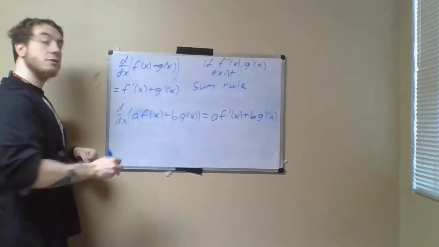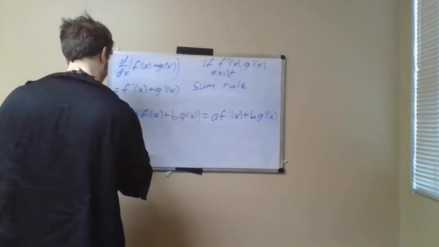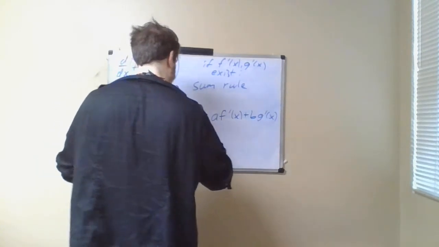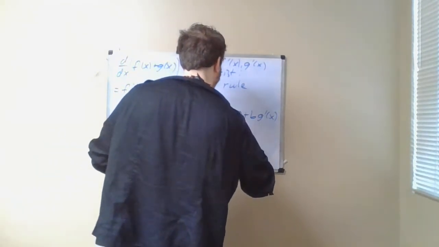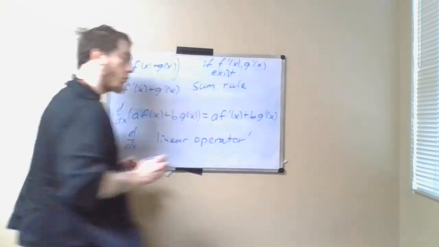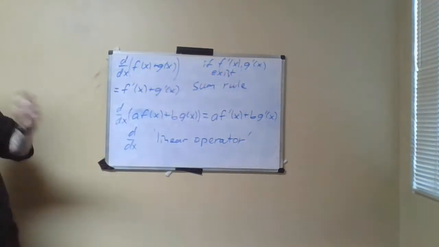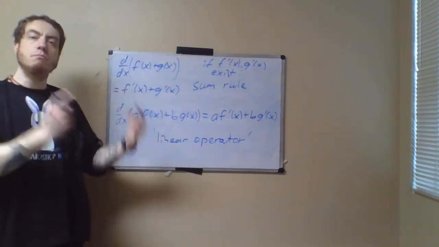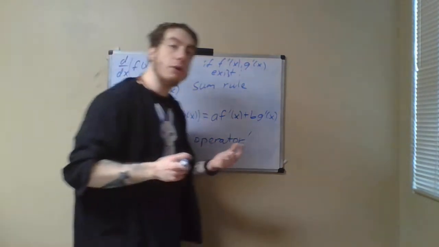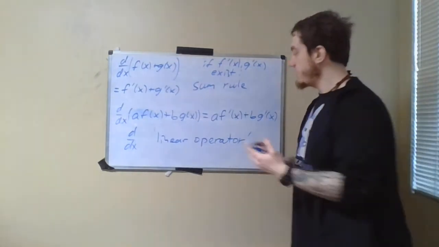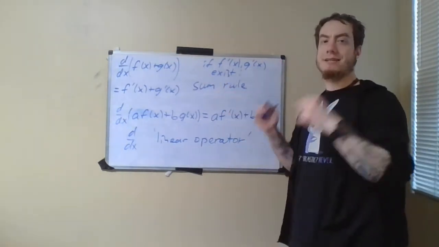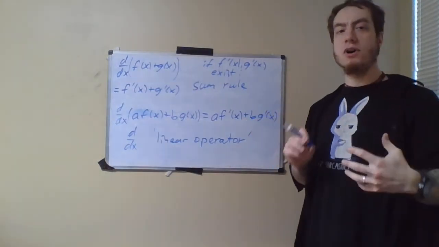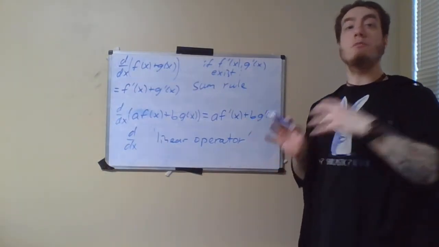Now, this means that d by dx, the process of differentiation, is what is called in mathematics a linear operator. What is a linear operator? An operator is something which takes a function and gives you back a function. Actually, an operator is more general than that, but one type of operator is kind of like a function, except it takes as its input a function and it gives you back a function.